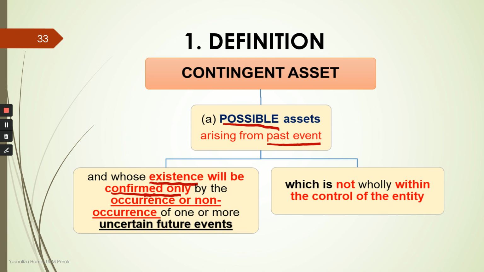So you're not sure whether there will be an inflow of economic benefits because it is subject to the occurrence or non-occurrence of another event. Let's say you sue your supplier for the faulty goods supplied by them. And let's say the lawyer is of the opinion that you have a chance of more than 50% that you would win the case.